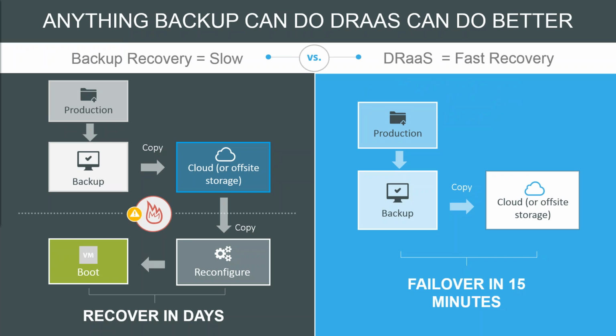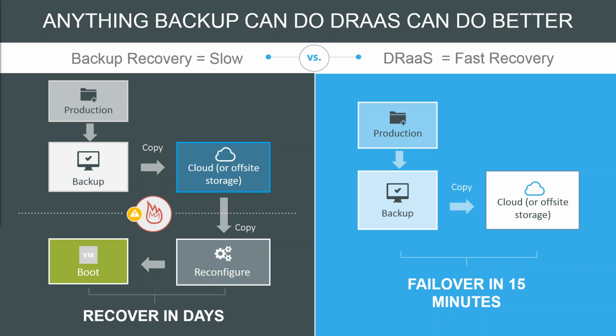So here's a more detailed way to look at it. On the left, what you see is a cloud backup or an offsite backup. You have to copy data back to a second location over the wire, so with really large data sets, it can take a long time. You'd recover in days.